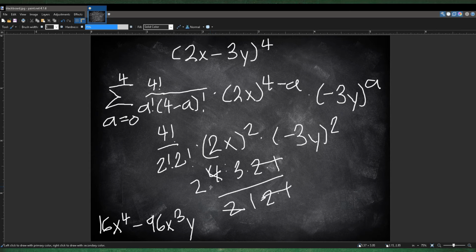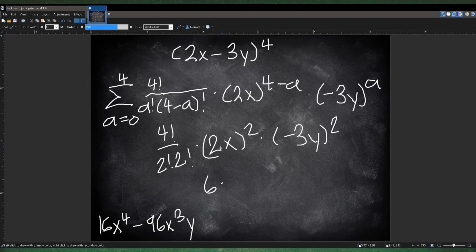So 4 divided by 2 is 2. So 3 times 2 is 6. So the first number is 6. So you have 6 times 2x to the power 2, which is 4x squared, times negative 3y to the power of 2, which is 9y squared. So 6 times 4 times 9 is 216, plus 216x squared y squared, basically.